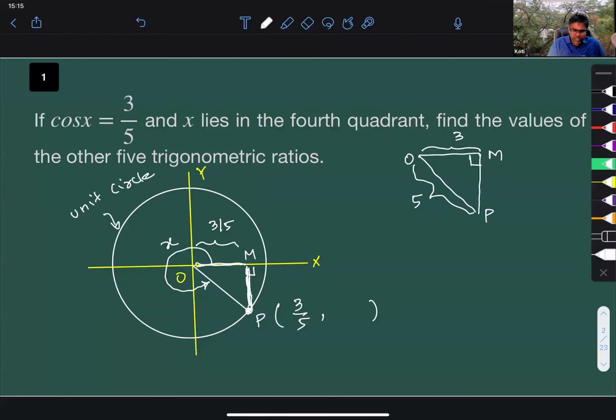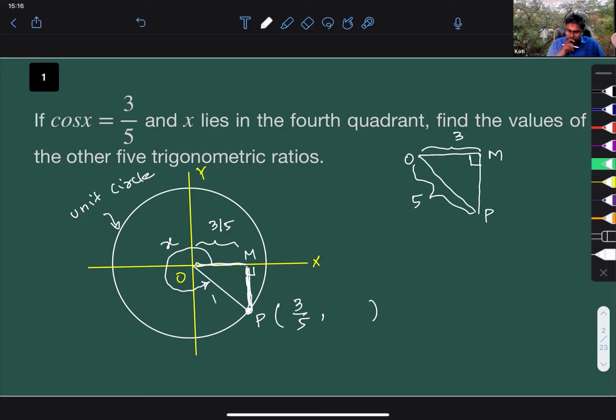No. This is a unit circle, so a unit circle has a radius of 1 unit. So then OP will be 1 unit, right? OP is 1 unit. We are saying this is a unit circle, so OP will be 1 unit. That 1 unit can be anything.